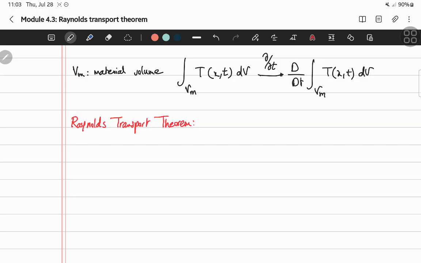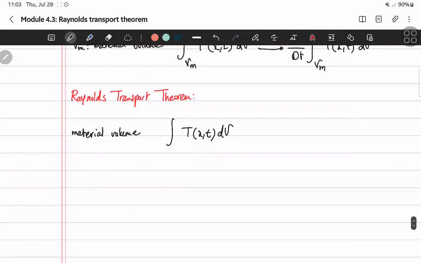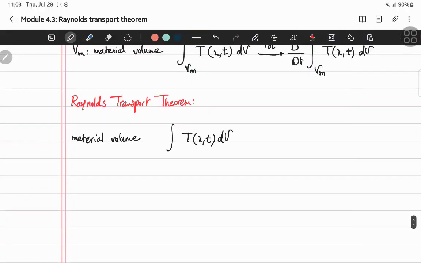So let's say that you have the material volume of an arbitrary kind of tensor like T. This tensor could be density, as we already had in this example. It could be linear momentum, angular momentum, or whatever.